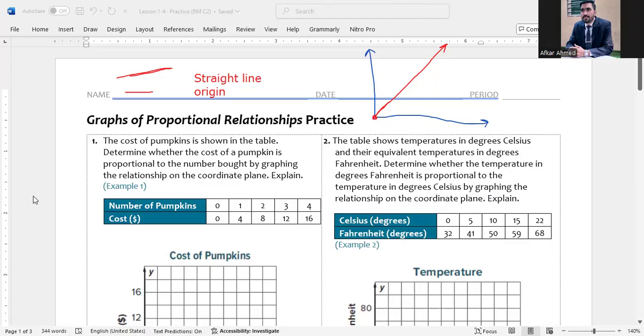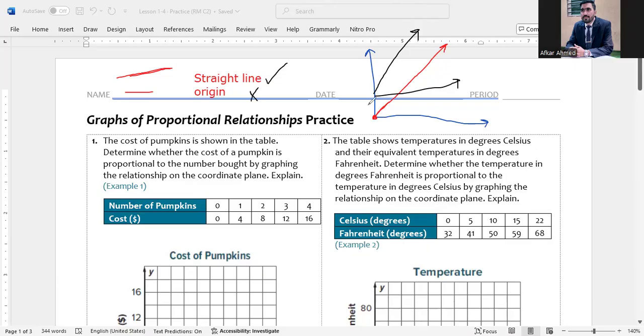For example, if you have another straight line starting from here, moving up, it is a straight line but it's not passing through the origin, where both x and y are 0. So this one is not a proportional relationship. Or if you draw a line here, even this is a straight line but it does not pass through the origin, so we fail here.